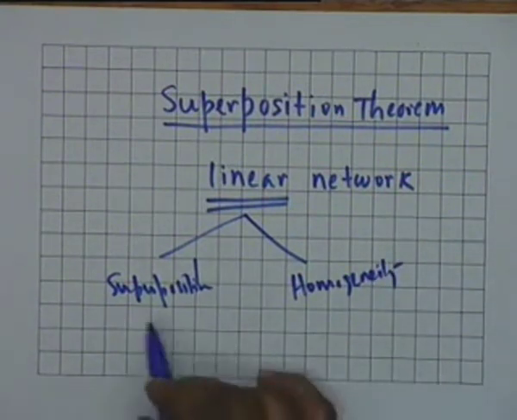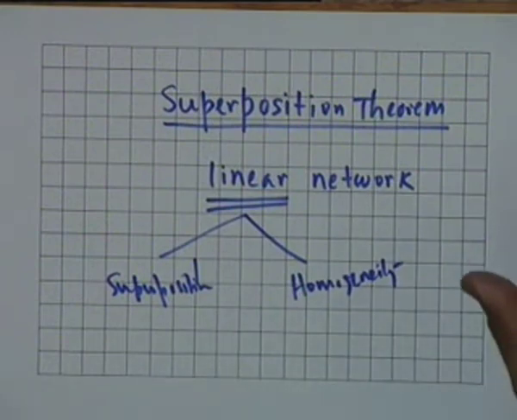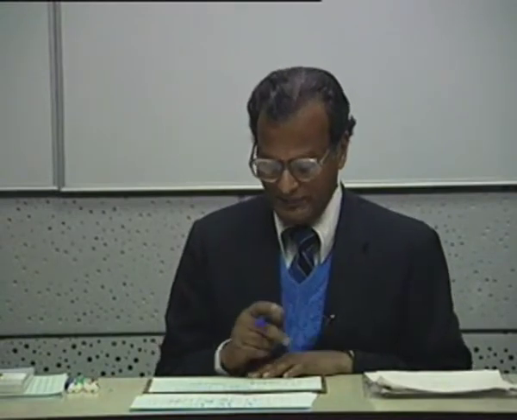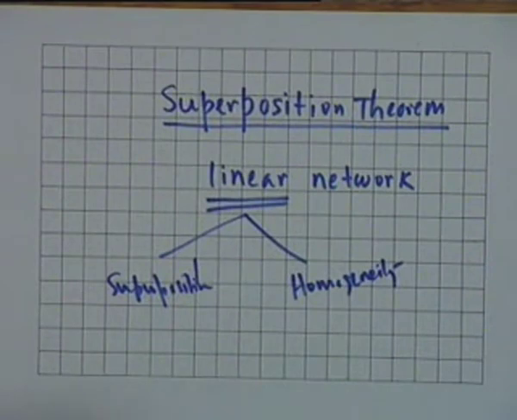Superposition means that the response of a given network, by response I mean the voltage or current in a given branch, this branch may be considered as the load, is the superposition of all voltages and currents caused by each source independently of all other sources.